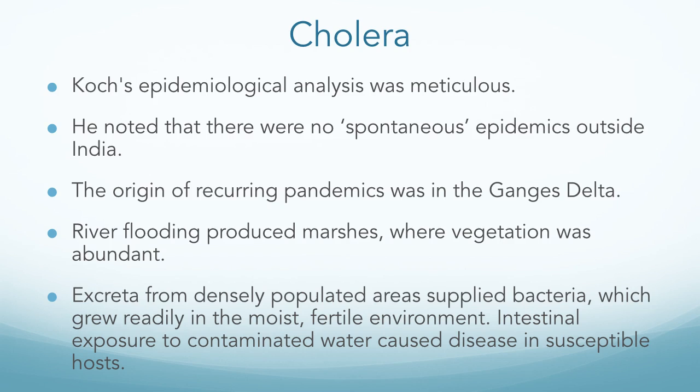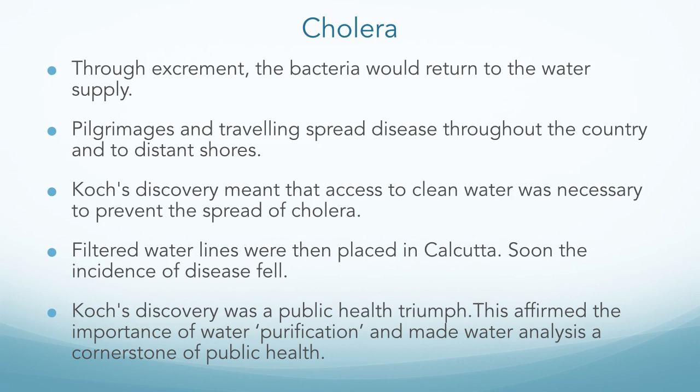Excreta from densely populated areas supplied bacteria which grew readily in the moist, fertile environment. Intestinal exposure to contaminated water caused disease in susceptible hosts. Through excreta, the bacteria would return to the water supply.